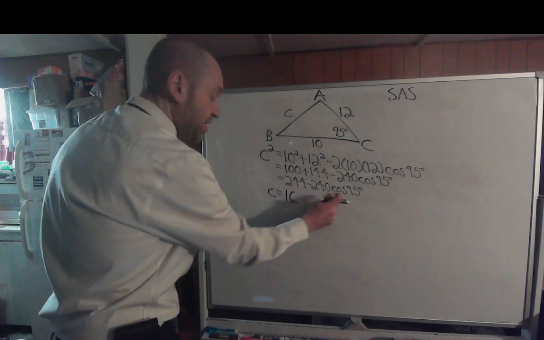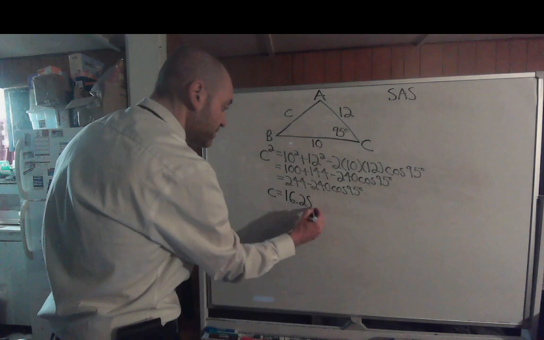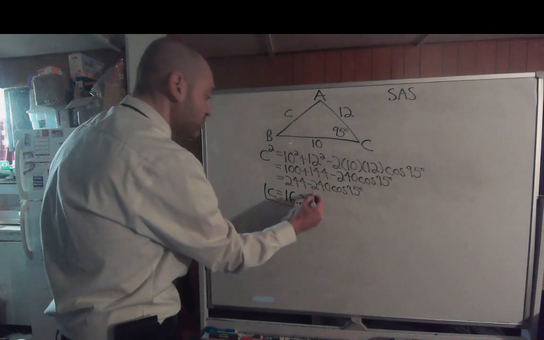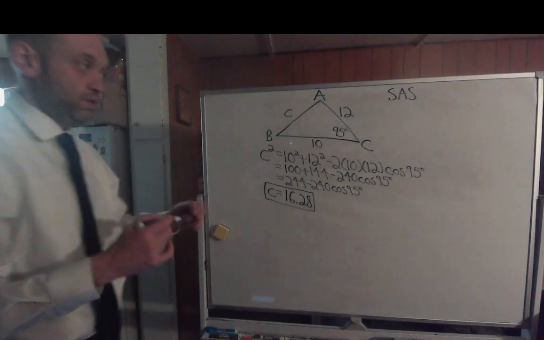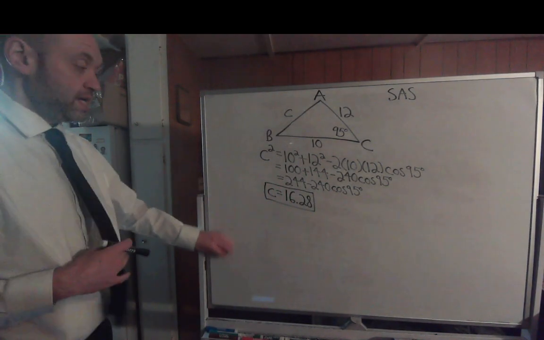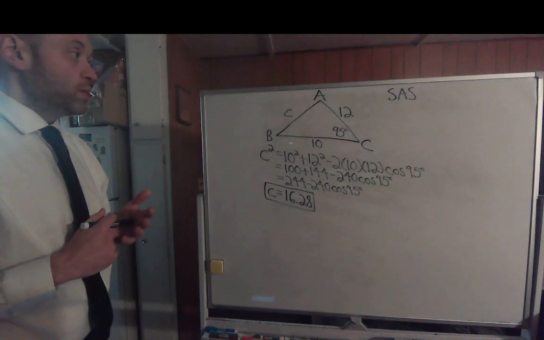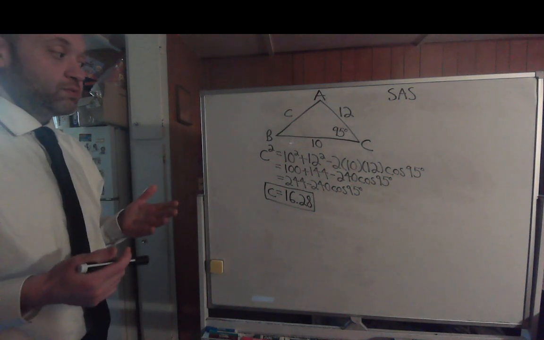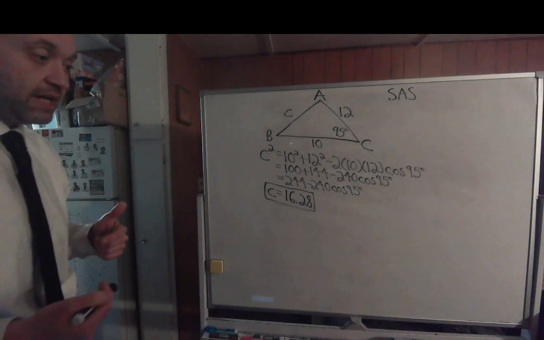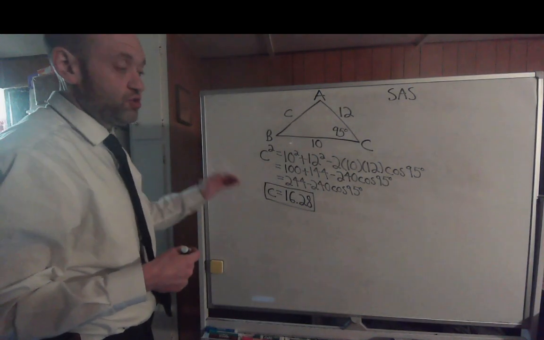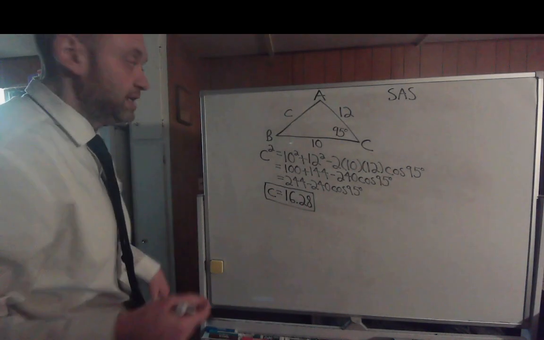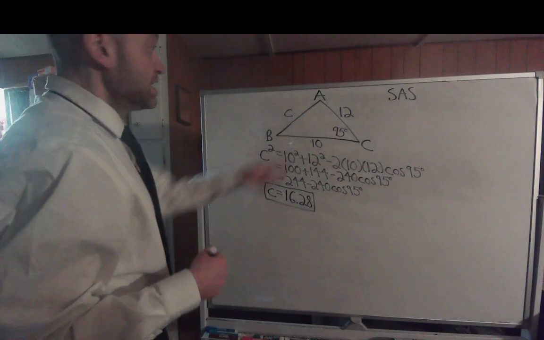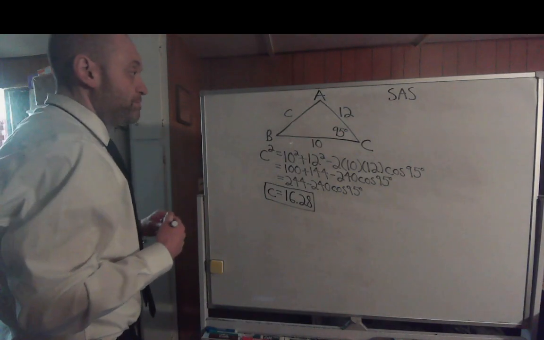Once you simplify all this and take the square root of the result, side C is approximately 16.28. Okay. Now, we need to pick at least one of the angles to solve for, and then we can just subtract that from 180 to find the last angle. So, let's pick good old angle A again.